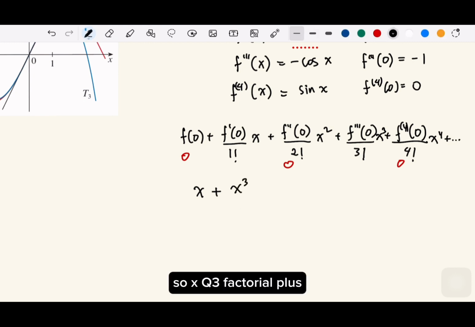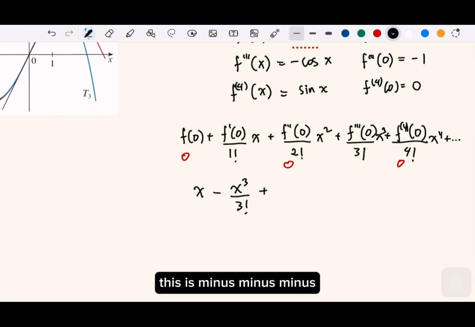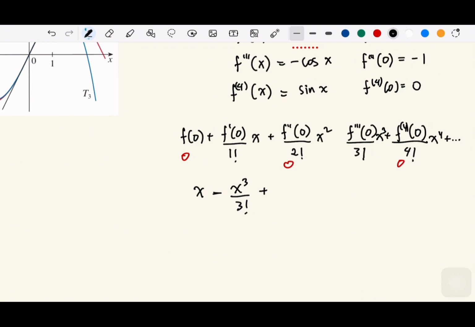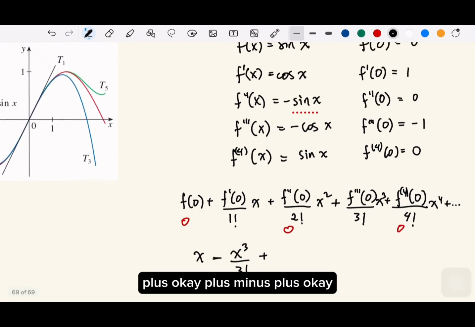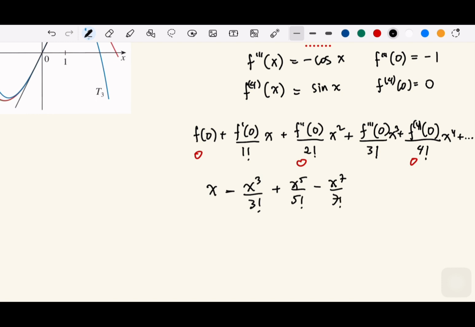So x cubed over 3 factorial plus, this is minus, sorry, plus minus plus, so x to the 5th, and then minus, plus, okay.